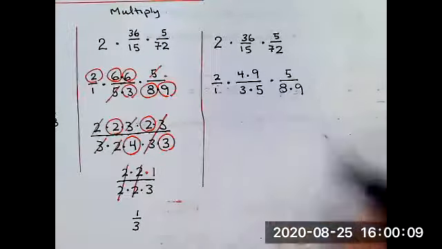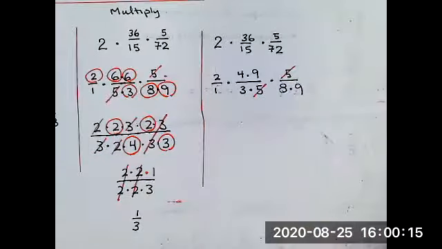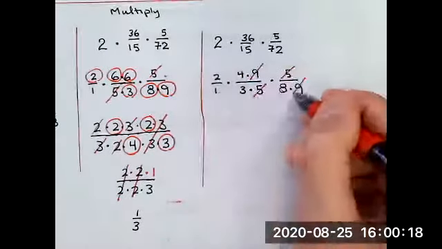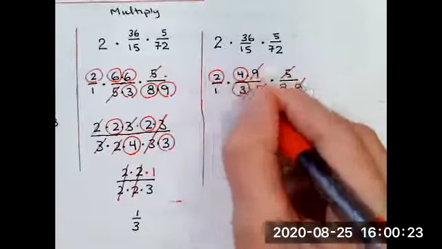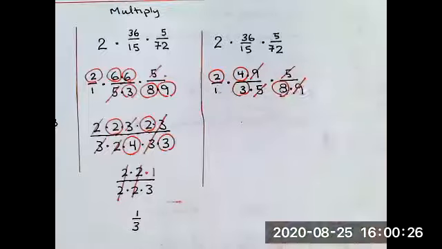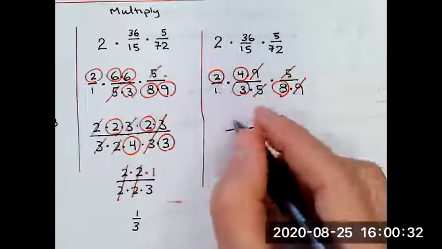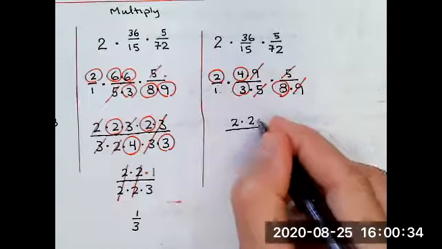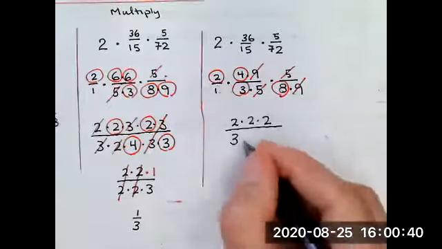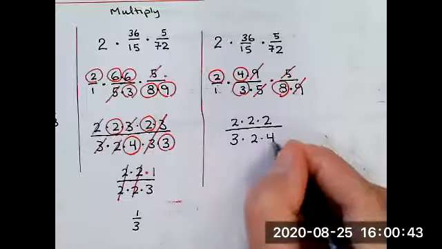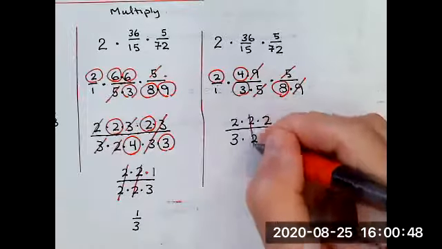All right, what if we started this way? 5 over 5 equals 1. 9 over 9 equals 1. I'm going to circle what's left, just so I don't forget. And then let's break it down. I have 2 times 4, which is 2 times 2 times 2. 8 is 2 times 4. 2 over 2 equals 1.